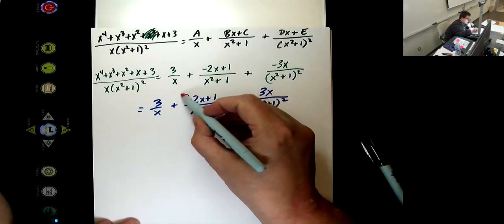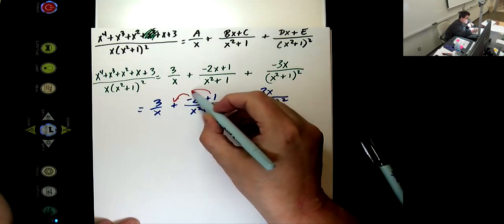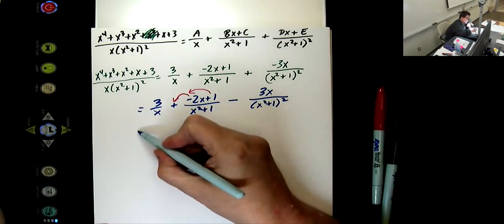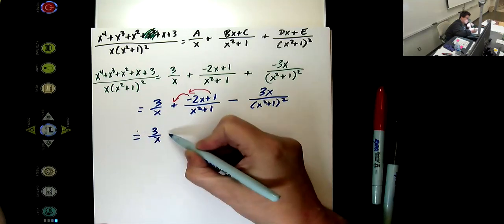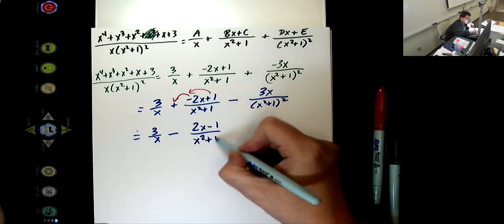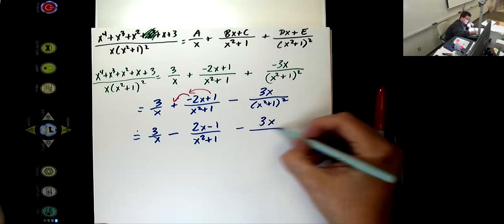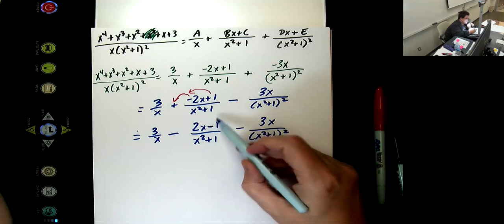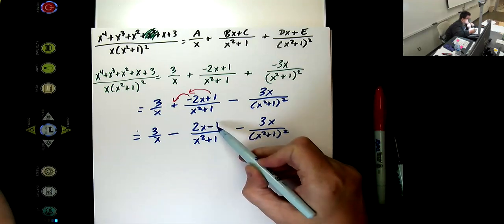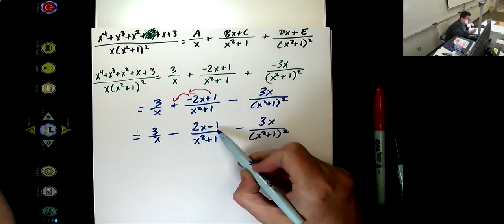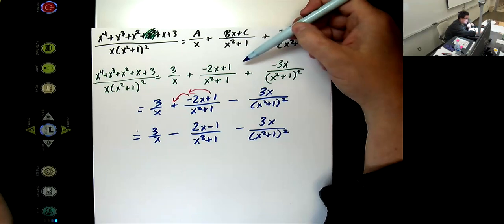If I try to move the negative here, I really gotta move the negative out of that one as well. Which you could do. It's gonna make it look like this. But most people are gonna forget to change this sign. And then it's wrong. If you have the minus out front and it just says 2x plus 1 on top, it's wrong. So you're better off if you write it in this form and leave it like that. You're good to go. You got the right answer.